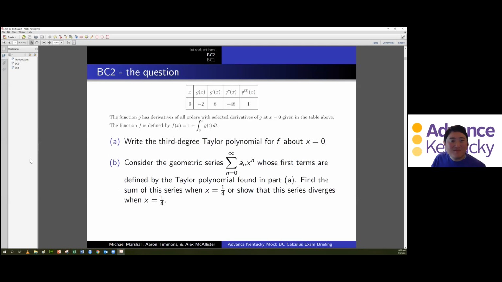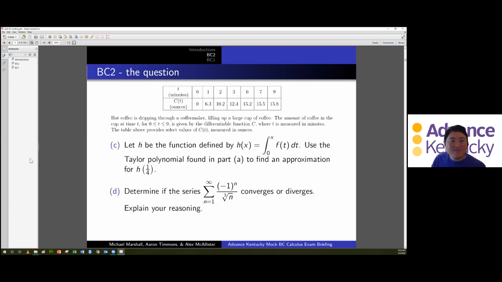We first ask them to write down the third degree Taylor polynomial for f about x equals 0. In part B, we ask them to think about that Taylor polynomial as a geometric series, plug in x equals 4, and make a decision about the sum of that series, or whether the series diverges at that point.